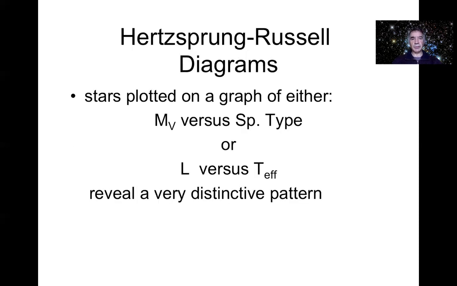Okay, so let me move straight on to define what a Hertzsprung-Russell diagram actually is. It's basically a graph. If you've got a whole bunch of stars and you've measured their brightnesses, distances, and spectral types, then you can plot quantities against each other.